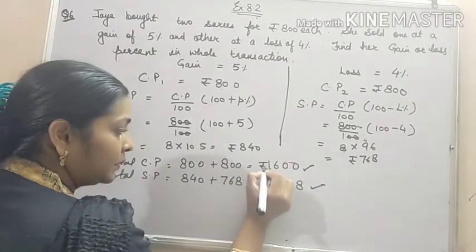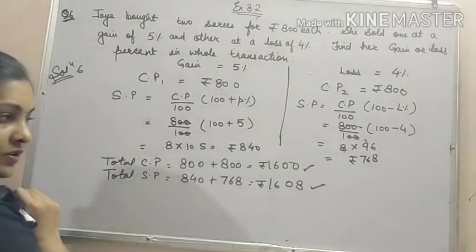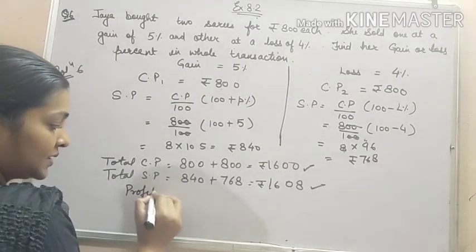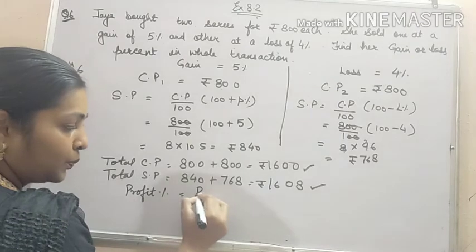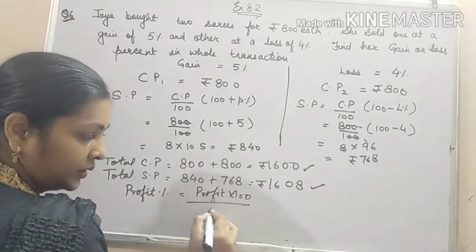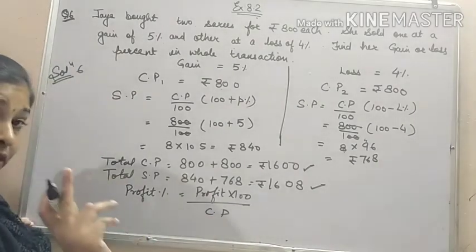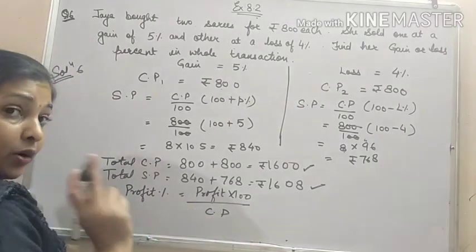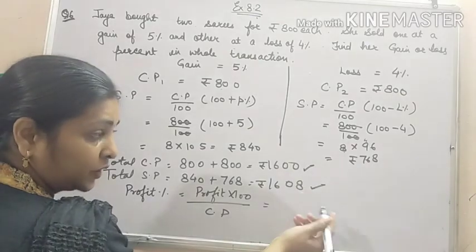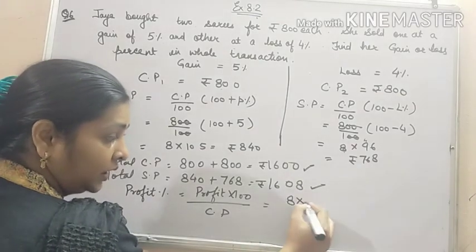So will it be the case of profit or loss? Definitely it is profit. So profit percentage will be equal to profit into 100 upon CP. Always in the denominator there will be CP. Now you can directly find out the profit because it is a profit of 8 rupees only.